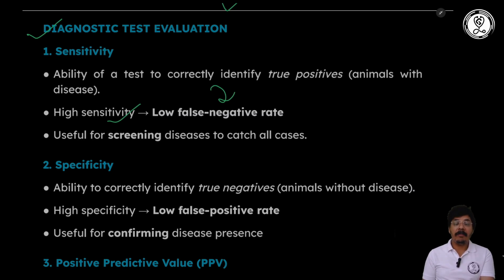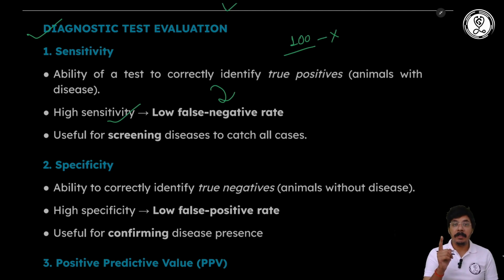So basically, if a diagnostic test is very sensitive, here you are talking about the true positives. For example, if you have screened 100 animals for a particular disease X, how many actual diseased animals are in a true sense positive for that particular disease?